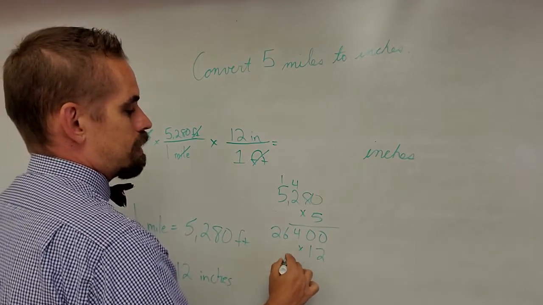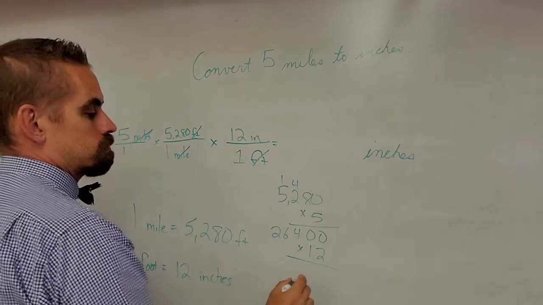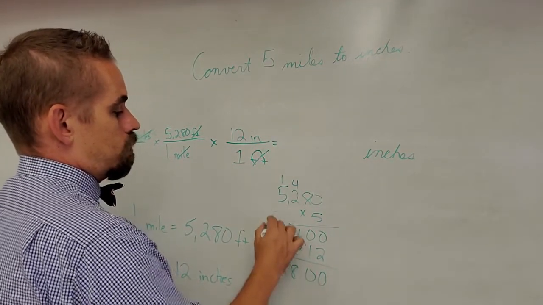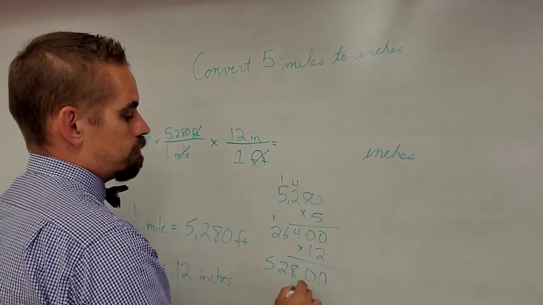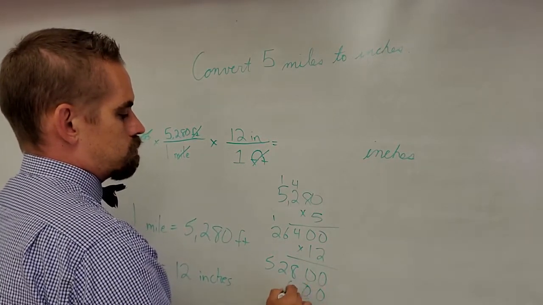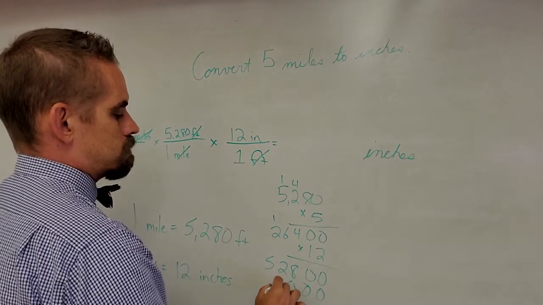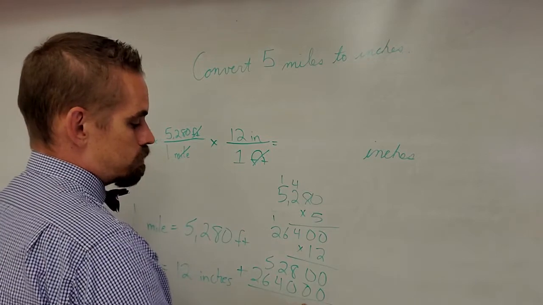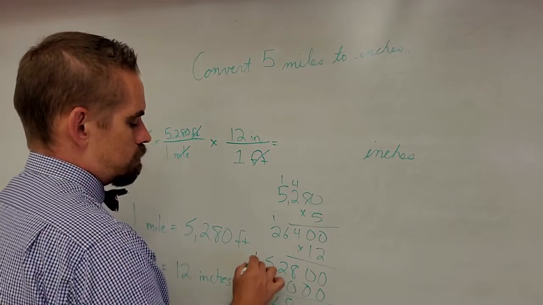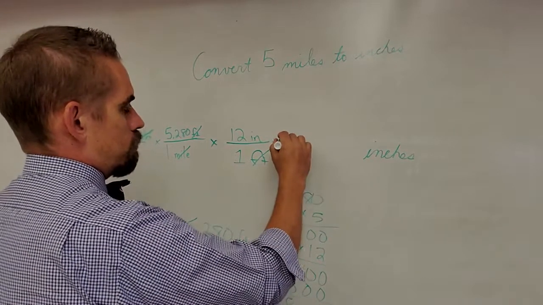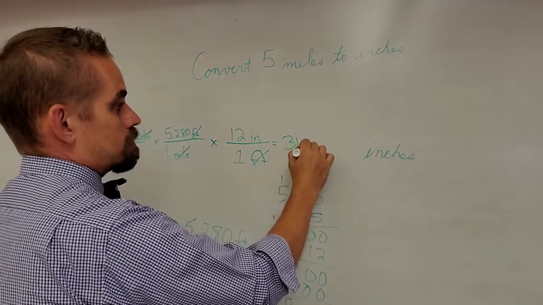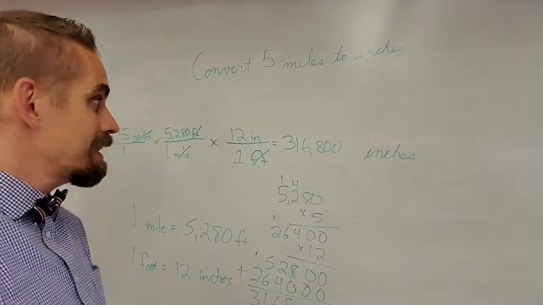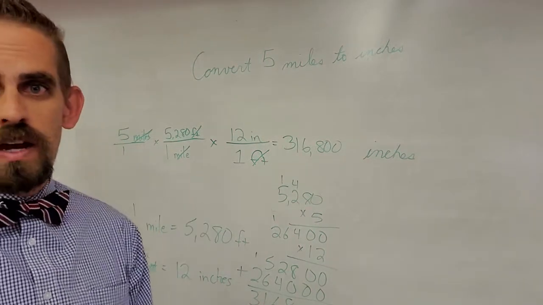Now multiply that times 12. 2 times 0 is 0, 2 times 0, 2 times 4 is 8, 2 times 6 is 12, and so on. Then we add these, 0, 0, 8, 6, 1, 3. 316,800 inches. And that's how you begin to do conversion factors, right?